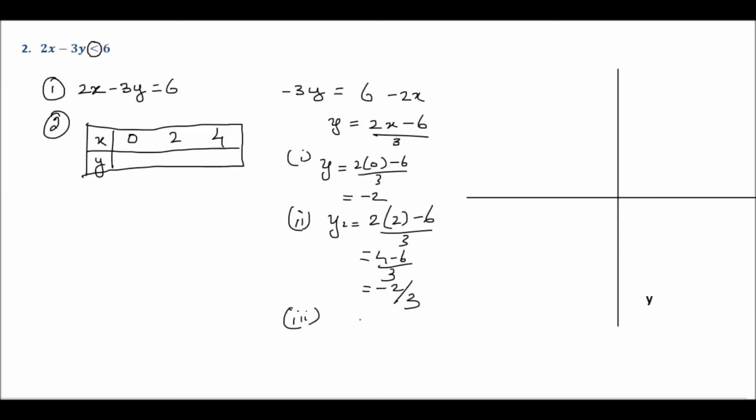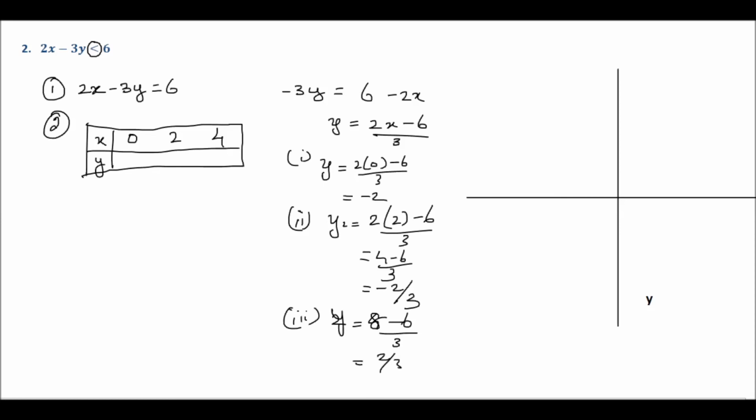For the third one, I am going to plot 4: y is equal to 2 into 4, which is 8 minus 6 by 3. Here it should be 2 by 3, and just move on to the next.